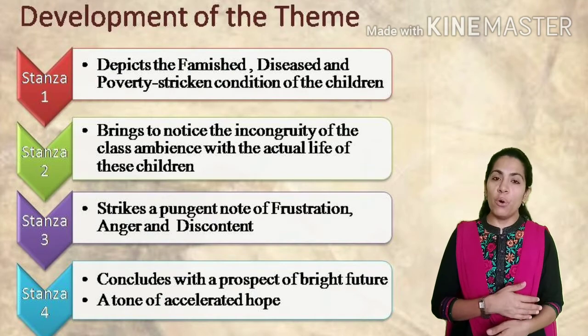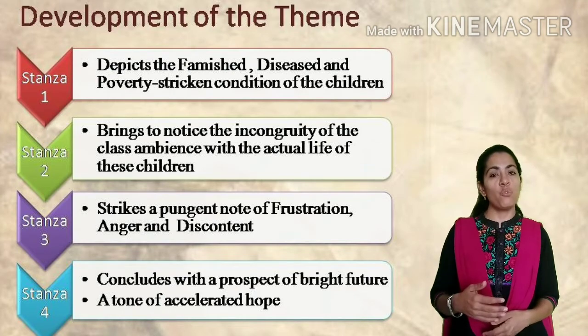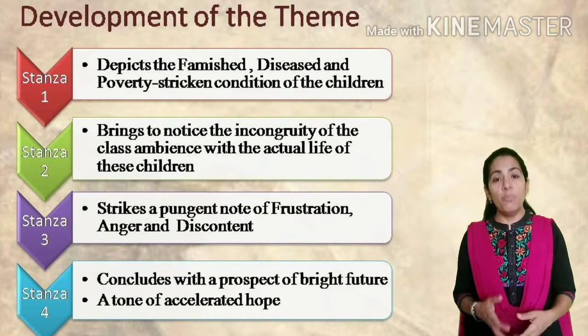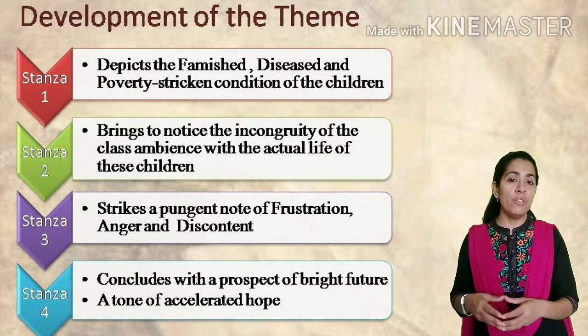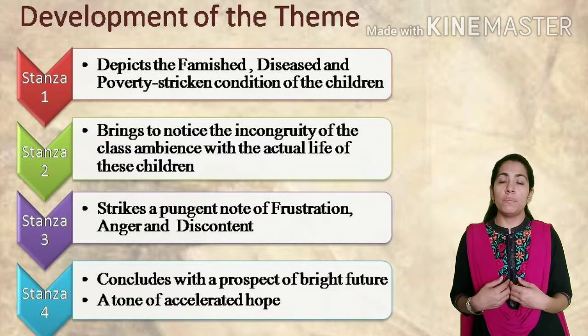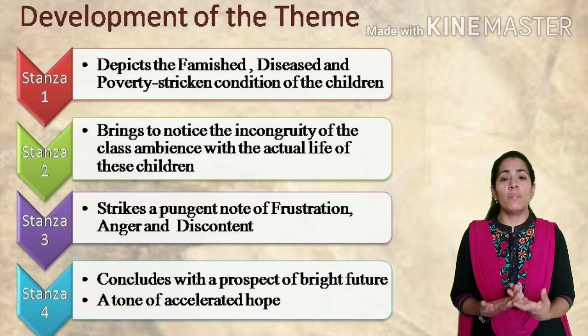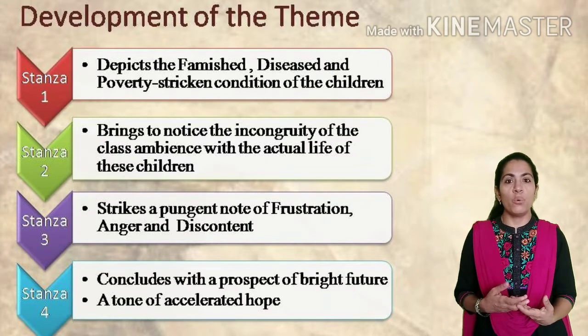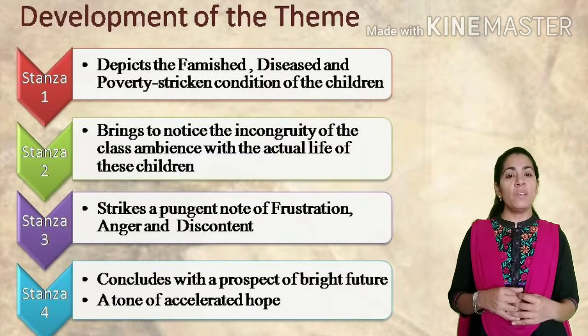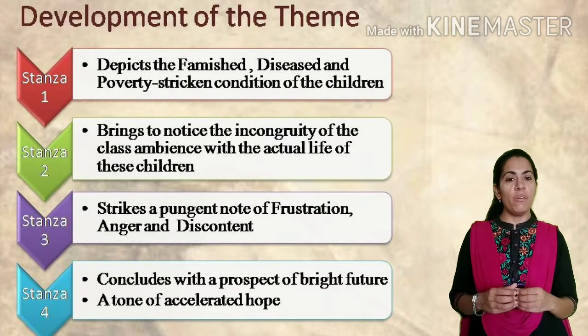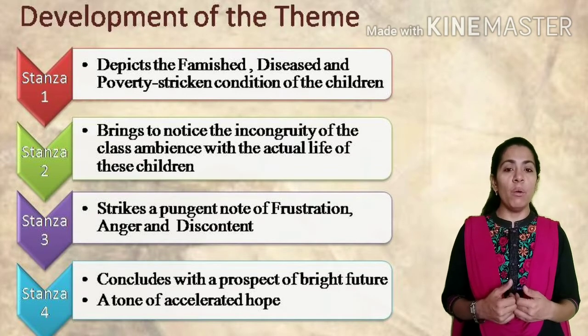And moving on to the fourth stanza, the last one, the concluding one, it brings a hope. It ends on a tone or shade or tinge of hope. And it seems that the poet is so desperate to give justice and to give some basic facilities to these children, and he makes an appeal also.